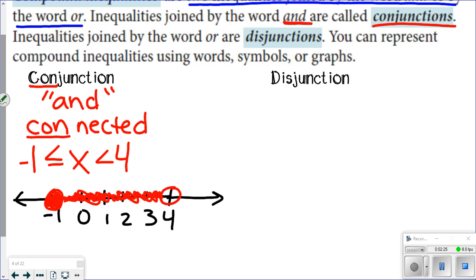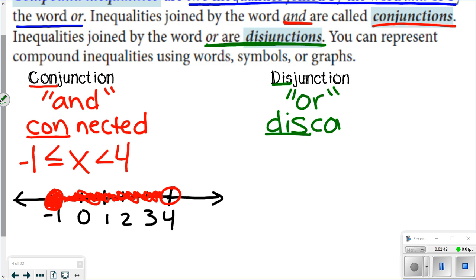Inequalities joined by the word or are called disjunctions. Okay, disjunctions. So disjunction, we use the word or. Disjunction, when we graph, it's disconnected.